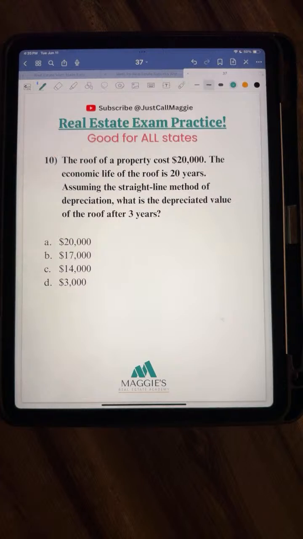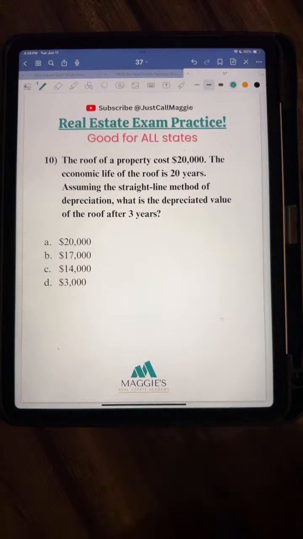Not gonna lie. I mean, not this exact question, but something probably very similar to this was on it. So if you don't know how to do this, pay attention, because you may see something like this on your Florida exam or any other state's exam. Some states definitely have this, the depreciation thing.